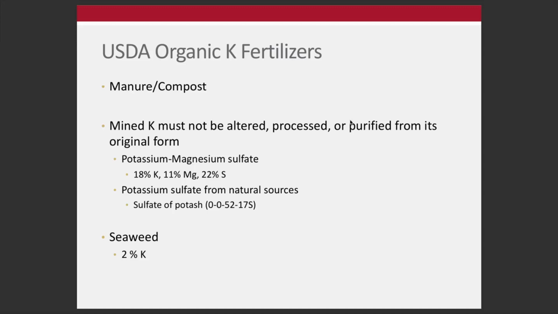Sometimes they'll even use greensand, which has a lot lower potassium concentration. But sulfate of potash is pretty on par in terms of concentration with KCl. It does include sulfur as well. And then even seaweed, not surprisingly, since it's coming from the sea, it can have decent concentration of potassium. You're not going to apply this at really high levels, but often as a foliar or even an animal feed as a source of potassium.